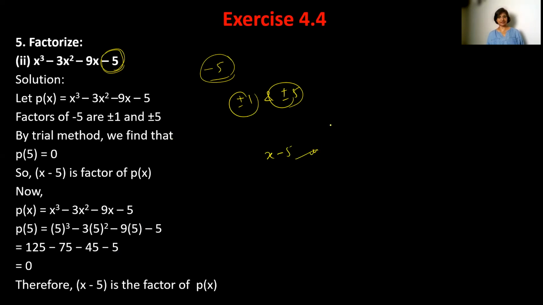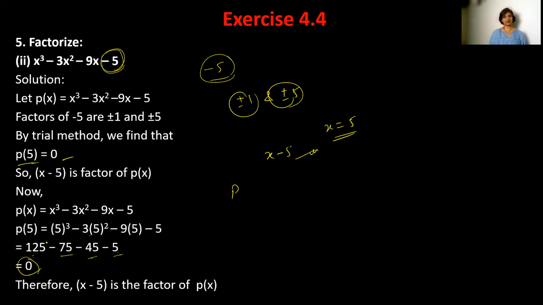First, we will check x equals 5. Suppose we are putting x equals 5 here, right? So trial method. If P(5) equals 0, so we are putting it here, and we got 0. After putting 5, we have to calculate 5 cube, 125. 5 square is 25, 25 into 3, 75. 9 into 5, -45, and this -45.